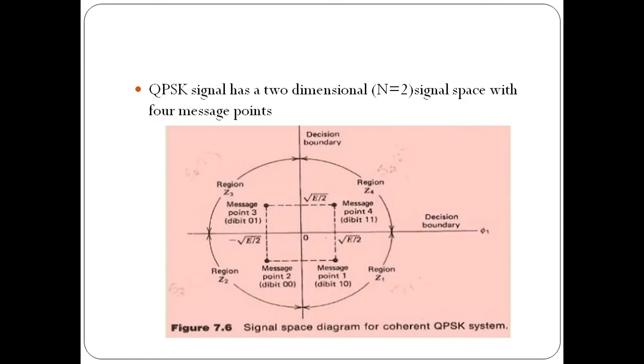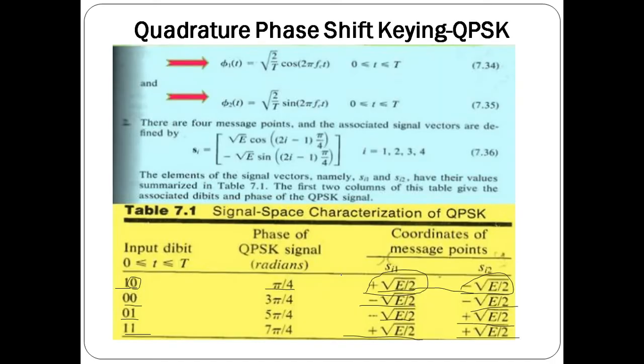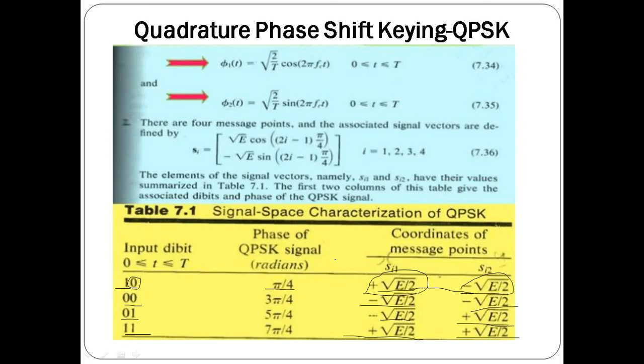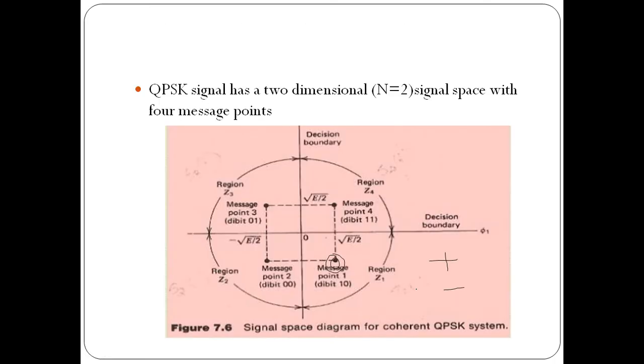So first was the first message point, plus minus. This is the Z1 region, where one coordinate is positive and one coordinate is negative. So this point is Z1. This is the first message point. The second message point, minus minus, is here, in the third quadrant.